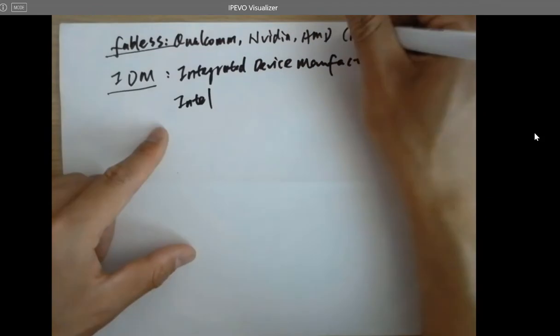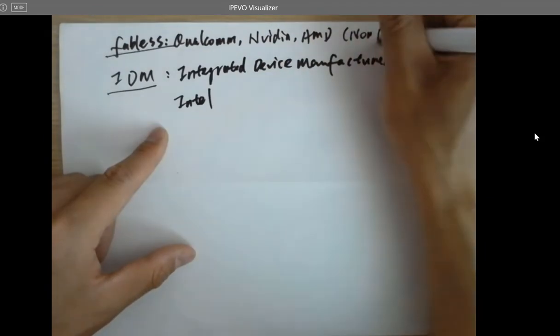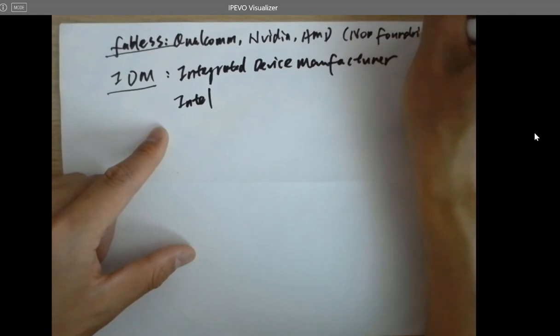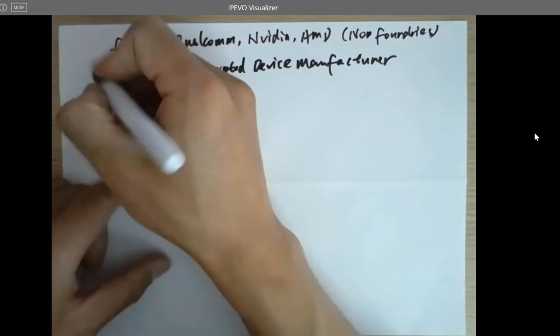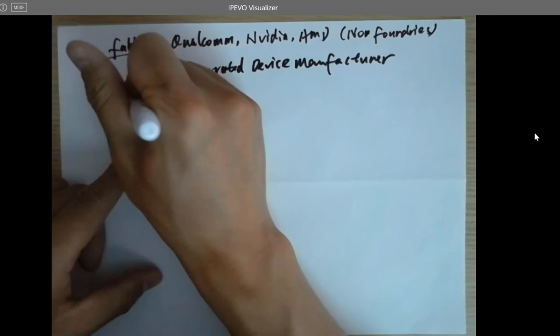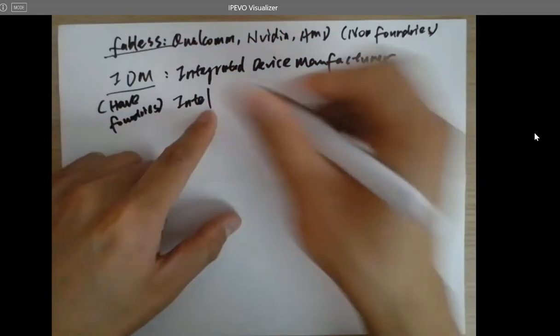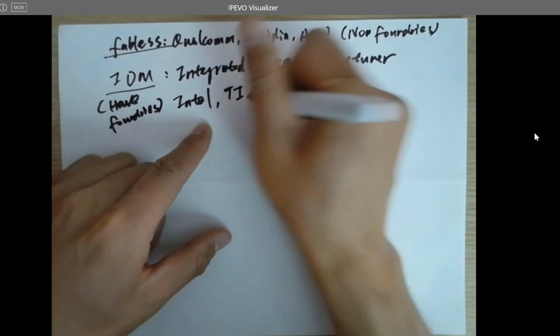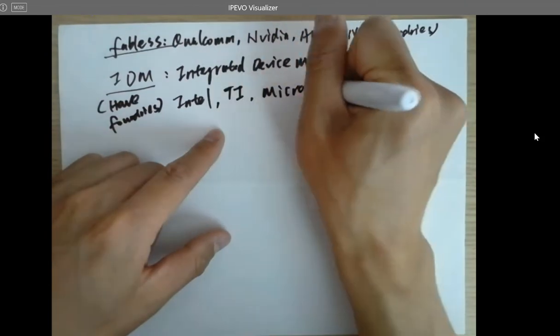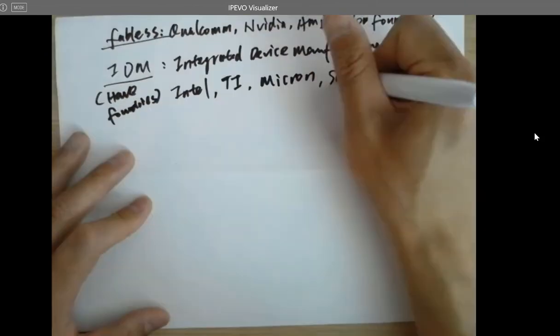So no foundries for the fabless ones. These ones have foundries: Intel, TI, Micron, all these companies have foundries. Samsung.